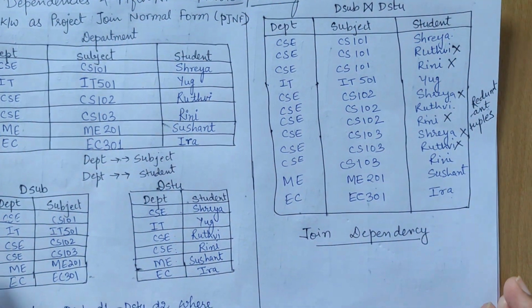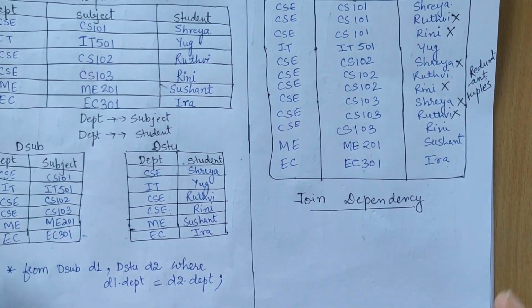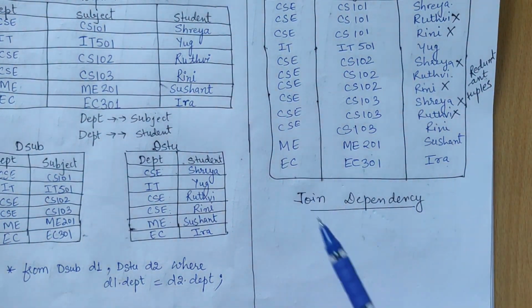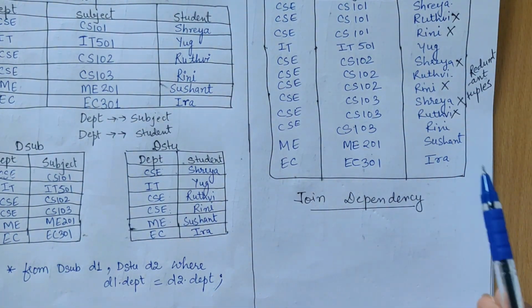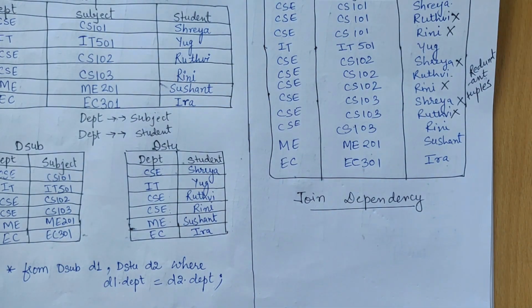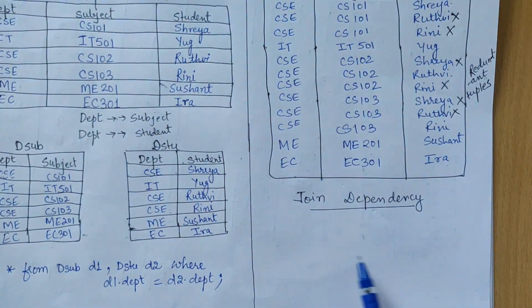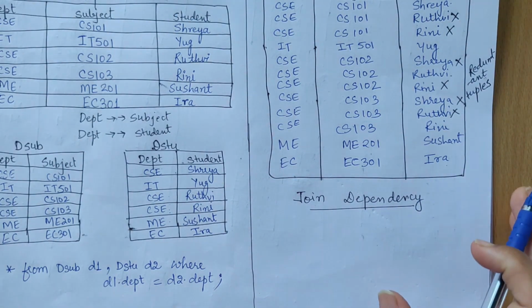So first let me tell you about join dependency, and then we will go to fifth normal form. Mainly, even after so much decomposition, our redundancy is not going away. That's the problem, and that's why we cannot allow this join dependency.